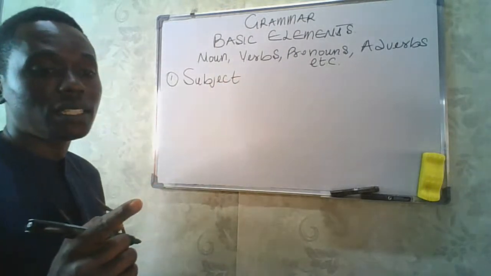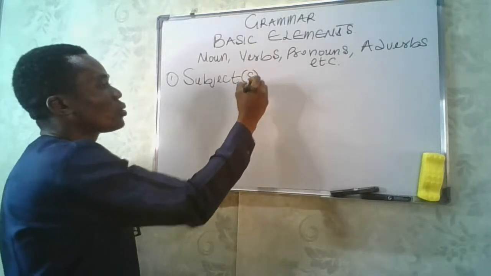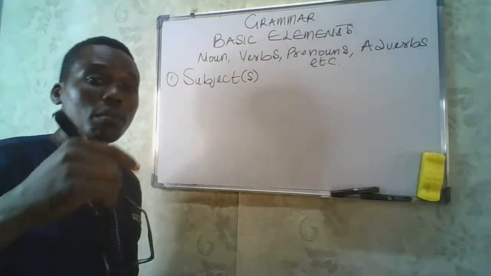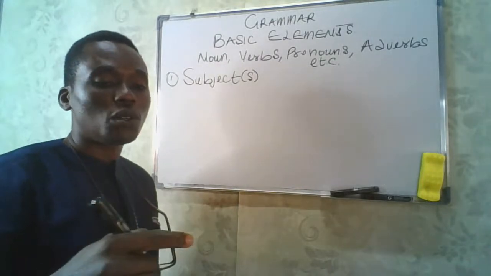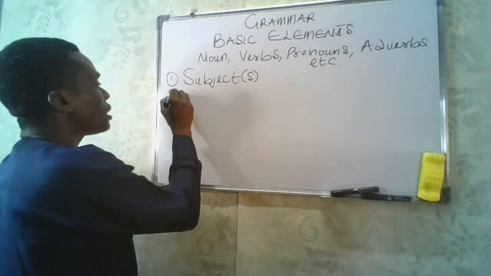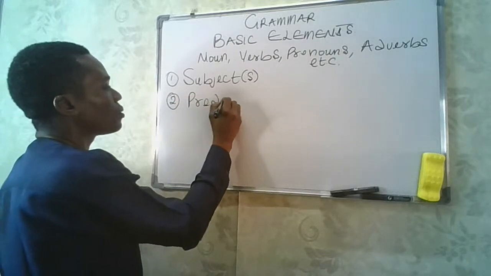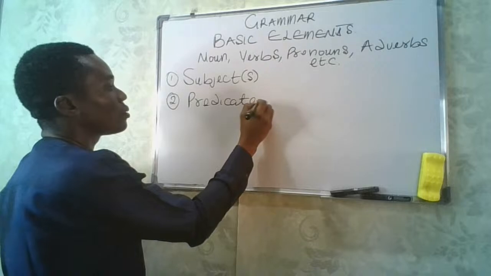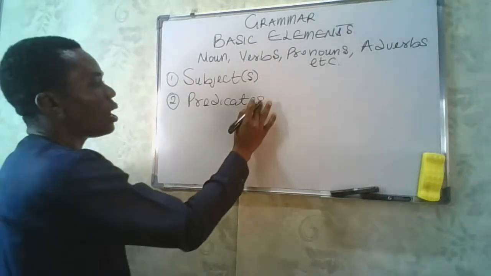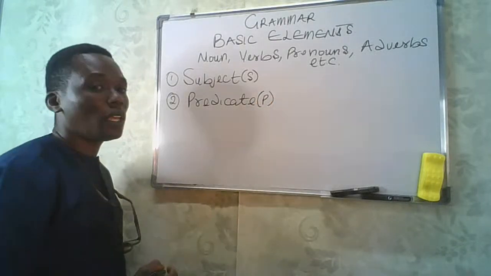Every sentence must have the word, the subject or subjects. And that subject forms the main basis of that sentence. Two, all sentences must also have the word, the predicate. The predicate also forms a sentence, and we'll call that P.